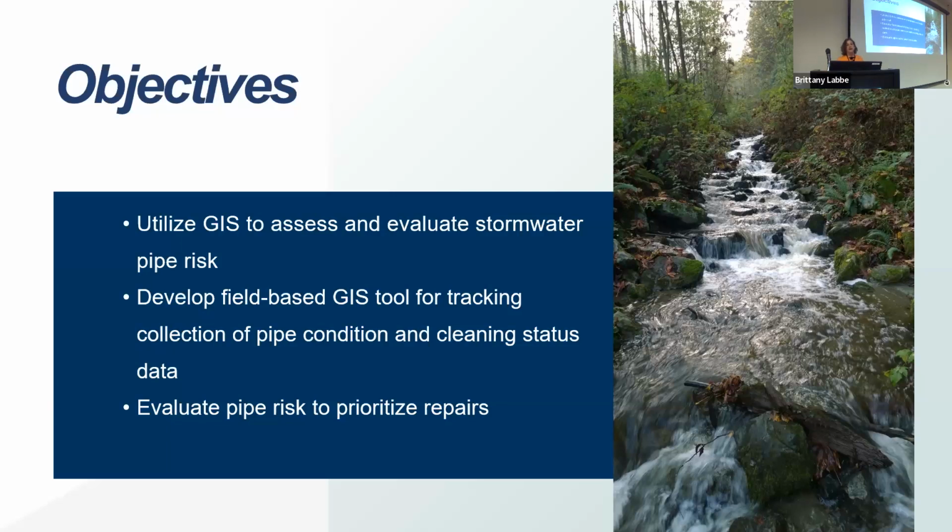Also, we're going to be talking about developing a GIS-based tool for tracking your pipe condition assessment program once you do get something going, and the cleaning status data. And then once you have all of that data, evaluating the risk and prioritizing repairs.